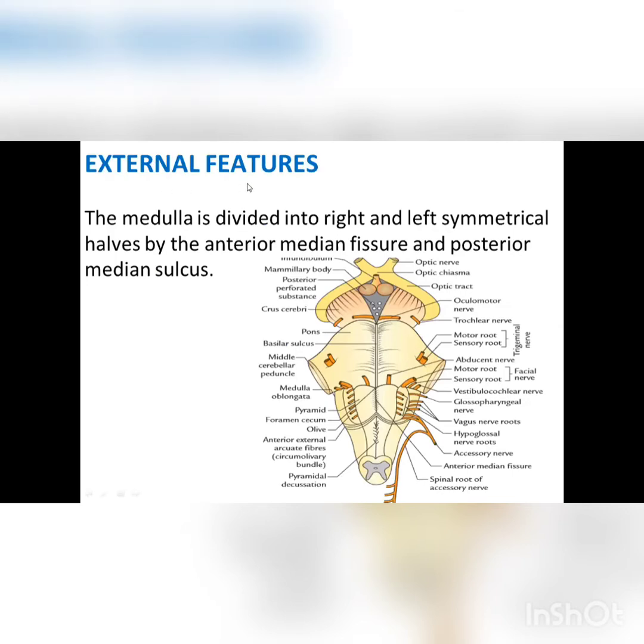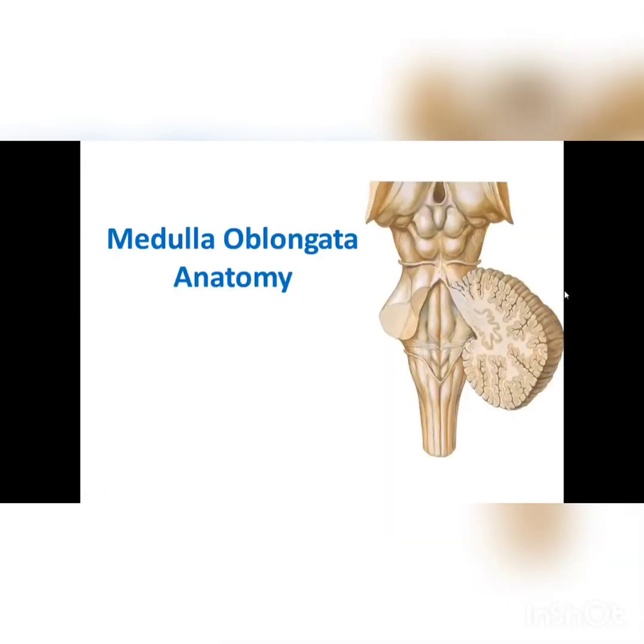Let us discuss the external features of the medulla oblongata. The medulla is divided into right and left halves by the anterior median fissure. As you can see, this is the anterior median fissure, and posteriorly you have the posterior median fissure, as you can see in this diagram.